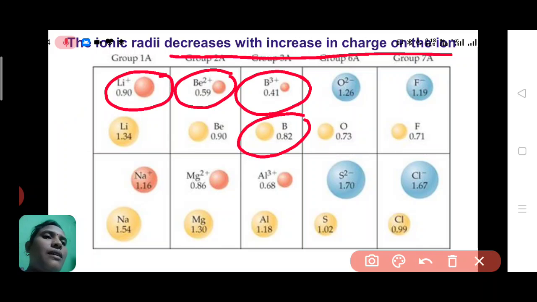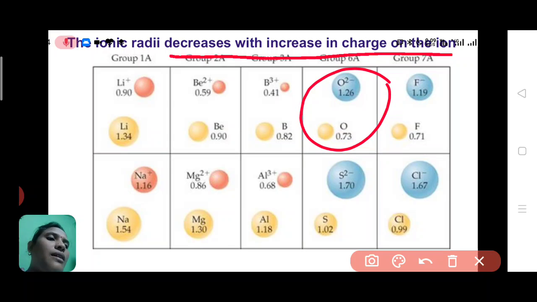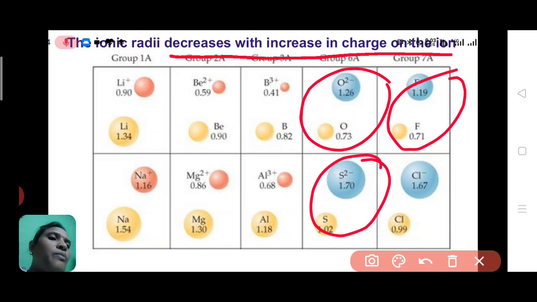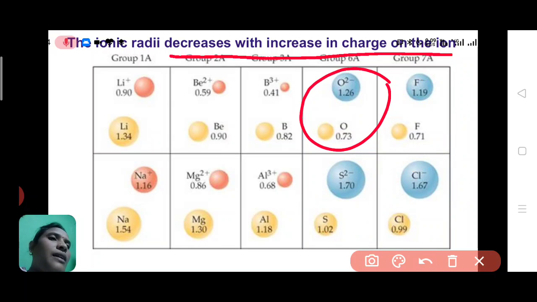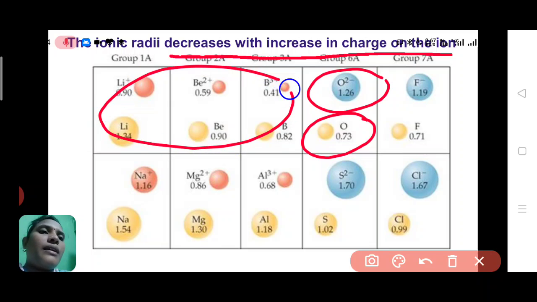Now this is for cations. If we see anions here, these are anions: O2 minus, F minus, S2 minus and Cl minus. This is the size of the oxygen atom. If the oxygen atom accepts 2 electrons, it forms the O2 minus anion. These all are cations.